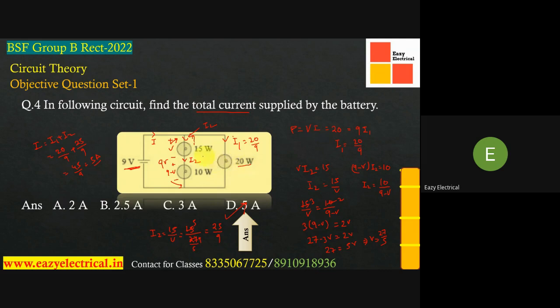But how much is 20 plus 15 plus 10? That means 45 watts. That 45 watts is supplied by 9 volts, so the current I has to be 45 by 9, that is 5 amperes. In one go, you can calculate this value. If you just add up all the wattages, you will get this value, and from this 45 watts, you will get the 5 ampere current.